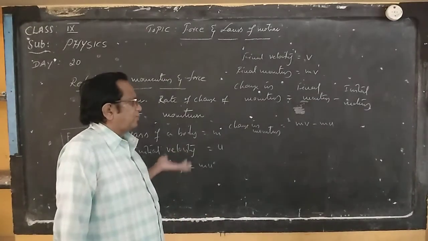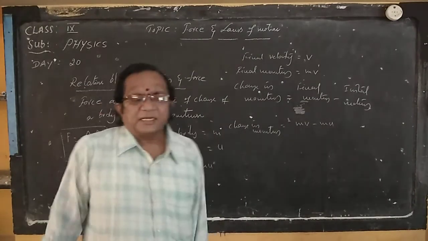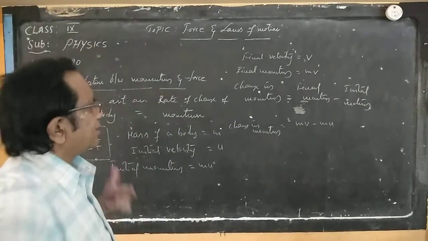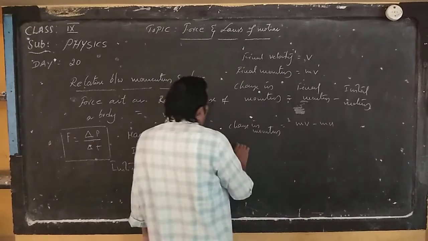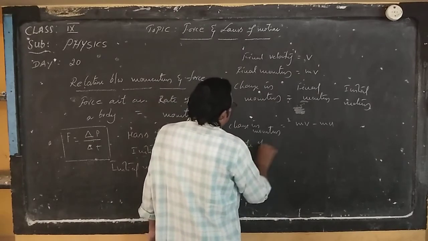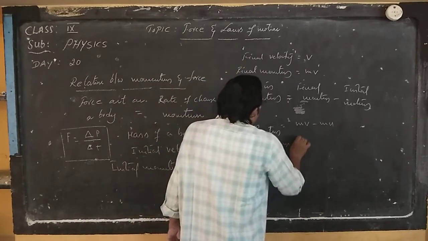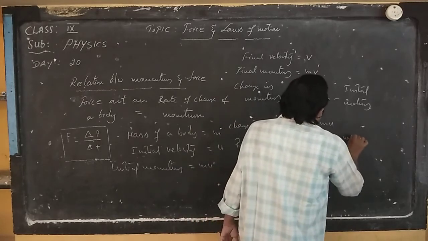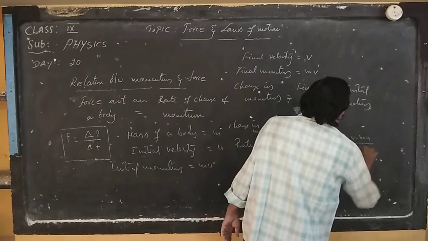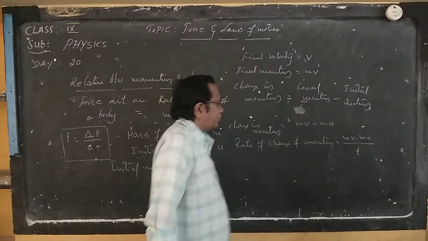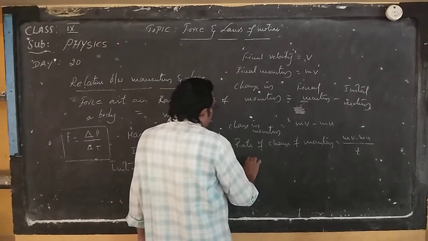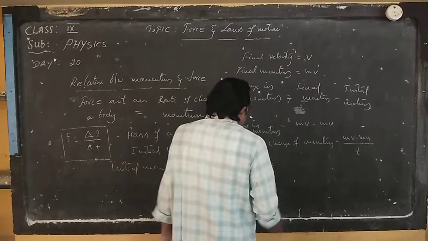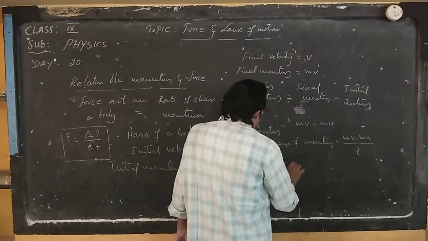The rate of change of momentum is considered with the time value also. So the rate of change of momentum is equal to mv minus mu by t.